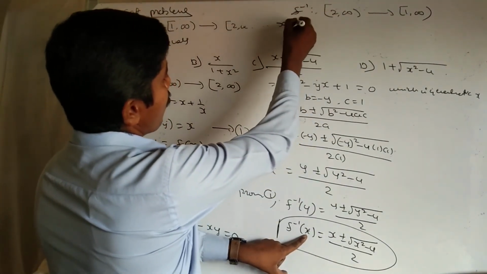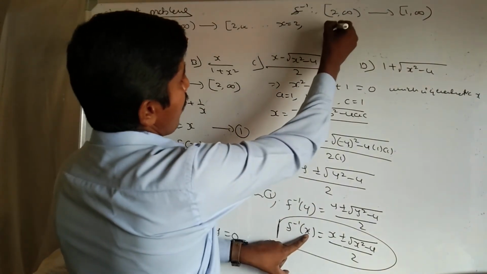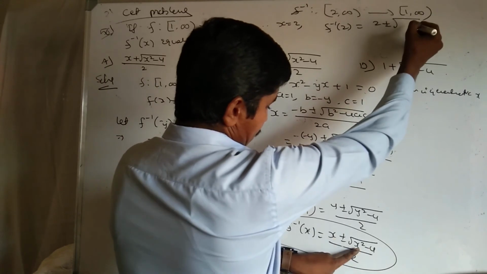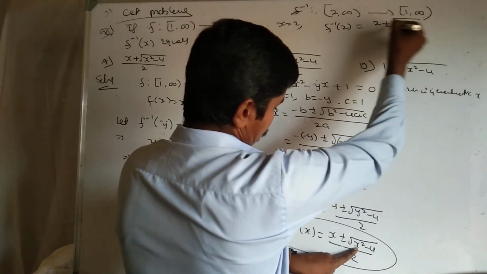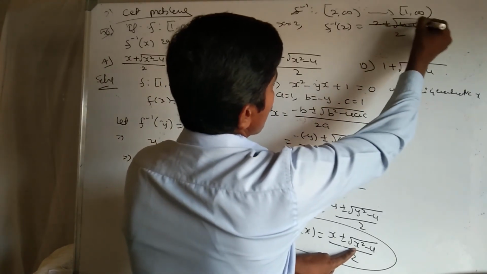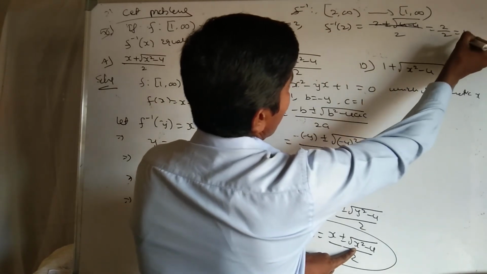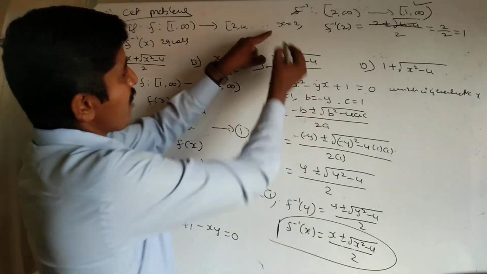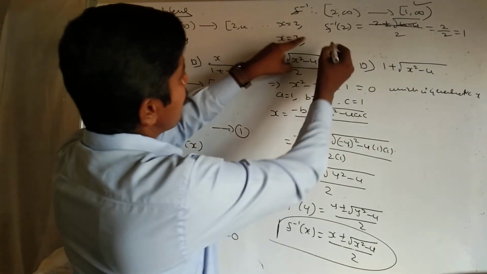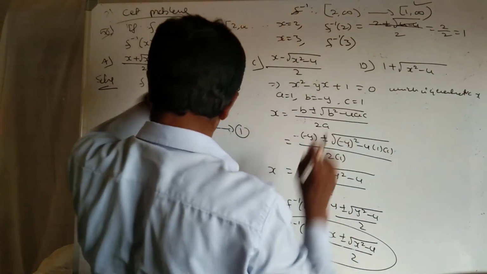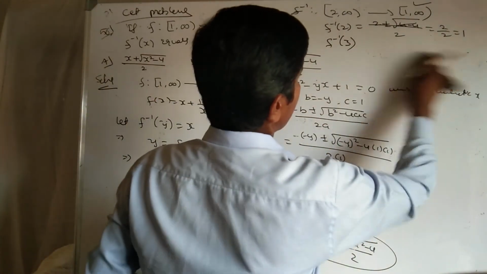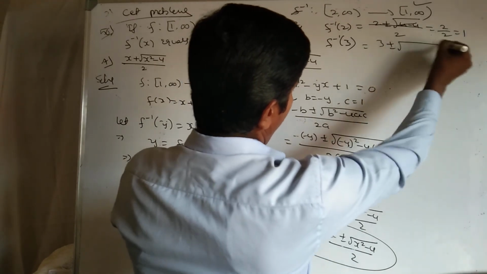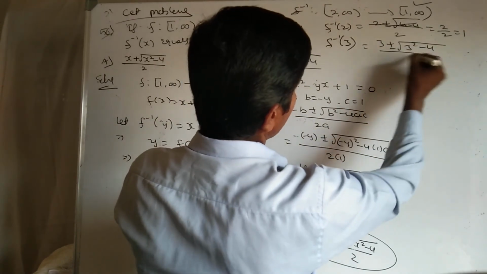First, substitute x equal to 2. f inverse of 2 equals 2 plus or minus root of 2 square, that is 4 minus 4, divided by 2. 4 minus 4 is 0, and 2 by 2 is 1. Here 1 belongs to the codomain, correct. Suppose x equal to 3. f inverse of 3 equals 3 plus or minus root of 3 square minus 4, divided by 2.